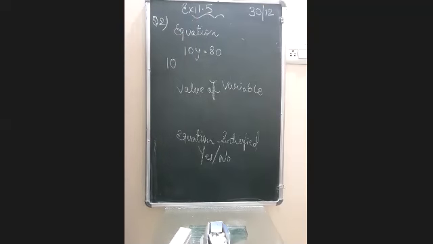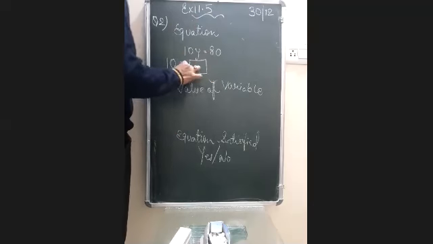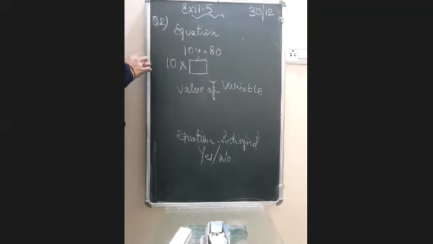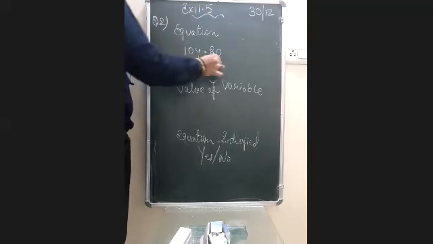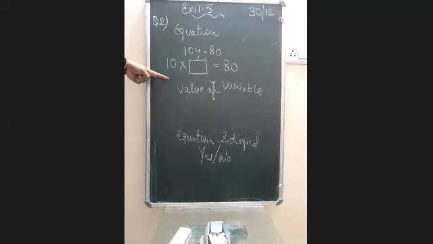We only know that it is a variable which can have any value. But if I replace y with a box, the question comes like this: 10 into box is equal to 80.